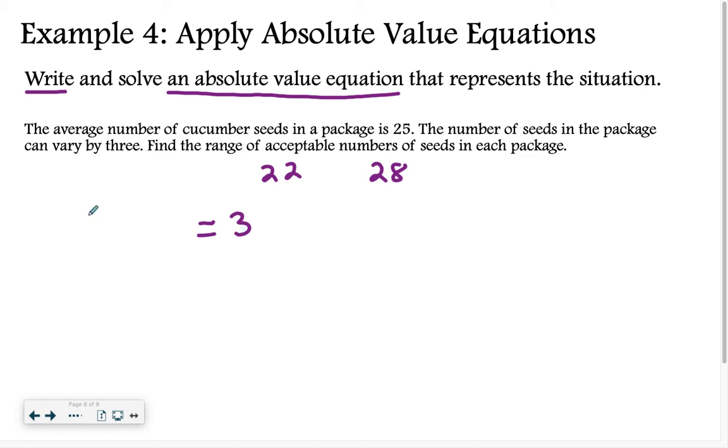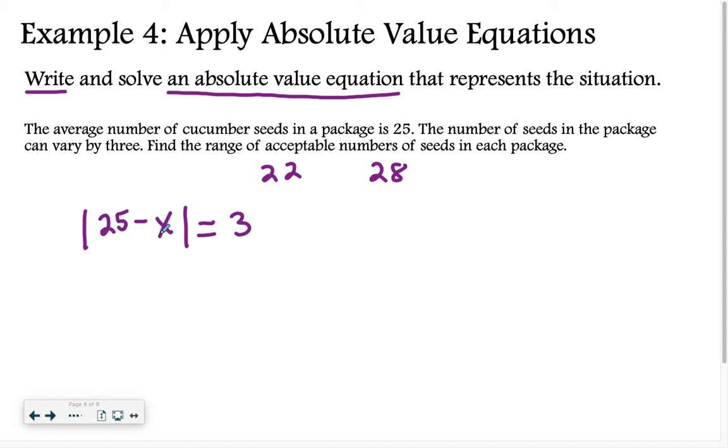And then the absolute value is going to involve your other numbers. It's going to have your variable and the other number you have. So the average number of cucumber seeds in a package is 25. So I can do 25 minus x, right? Minus whatever number that would be. Like I said, this problem's pretty straightforward.